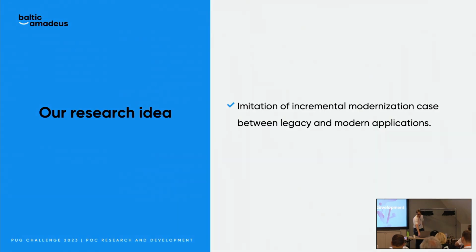So to start off, the main research idea was to imitate the modernization scenario, where we would take the legacy application and gradually modernize it to be something more up to date. One thing worth mentioning here is that we are talking strictly about application modernization. We are not taking into account any infrastructure changes, just to keep things simple, because we wanted to try things out with Kafka.